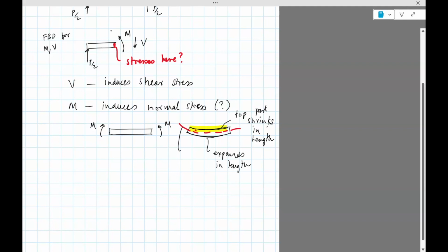This line is unchanged. You might have seen it called the neutral axis of the beam.